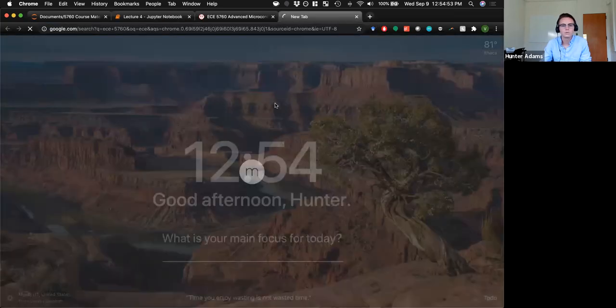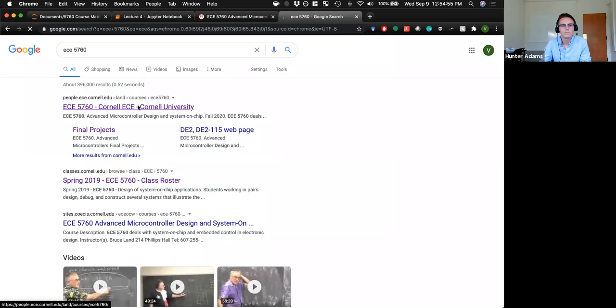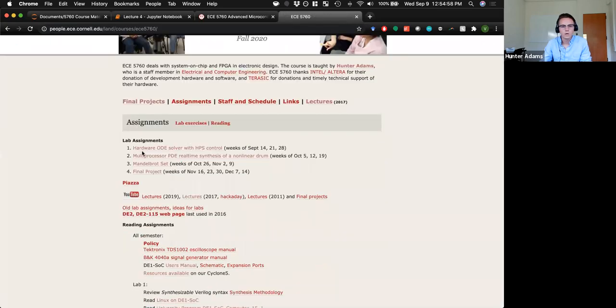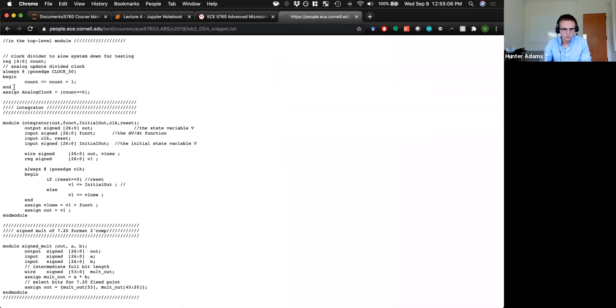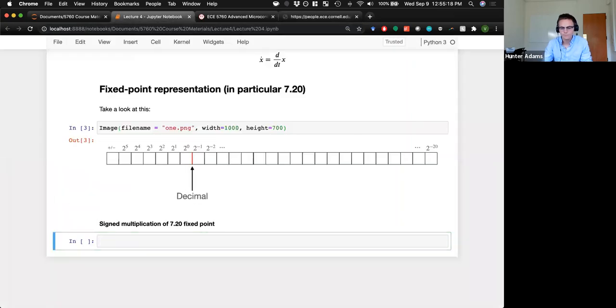If we go to the web page for Lab 1, there is a snippet right here that includes a simple integrator that I'm going to talk about in a little bit. But for now, I just want to consider this integrator, which I'll just put in here so that we can have syntax highlighting.